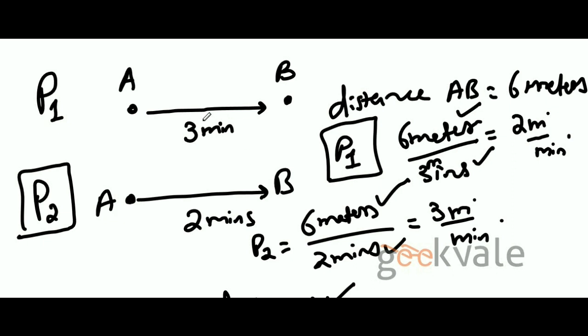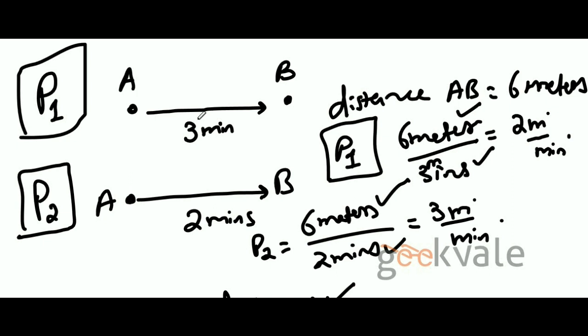Right now we discussed the case when two persons, person 1 and person 2, covered the same distance in different times. What if two persons cover different distances in the same amount of time?